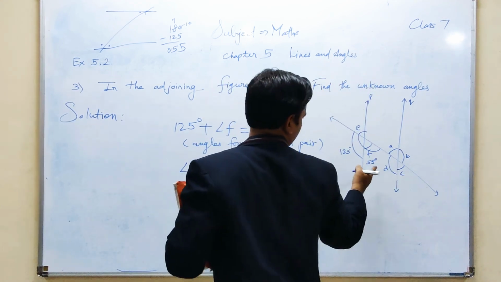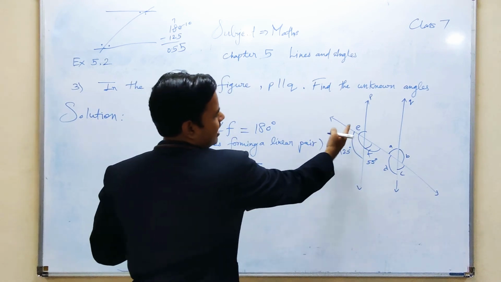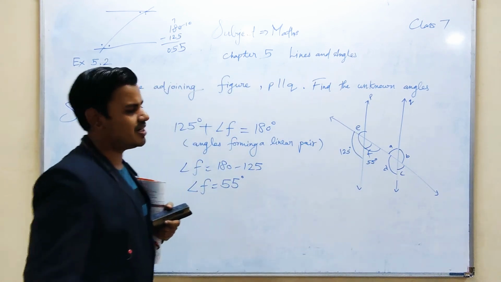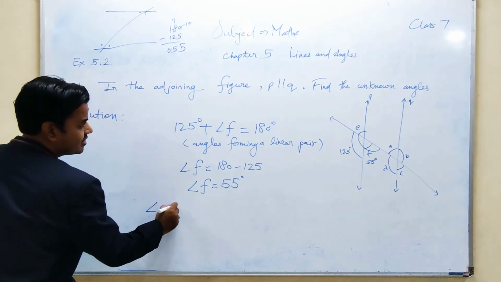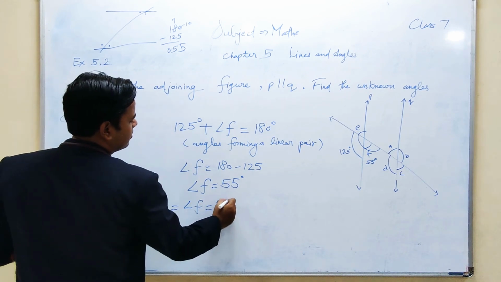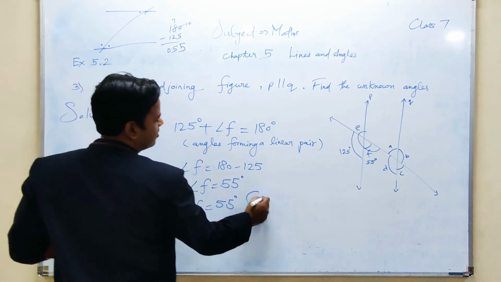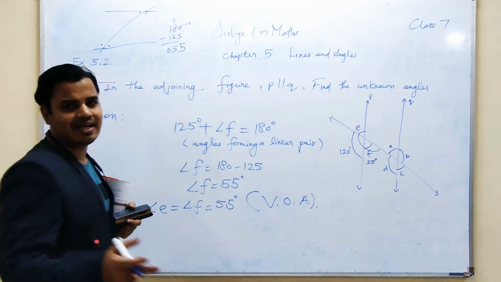Now if you carefully observe, angle E is equal to angle F. Why? Because both are vertically opposite angles. So again we can write angle E is equal to angle F is equal to 55 degree. The reason we can write is vertically opposite angles. Vertically opposite angles are equal.